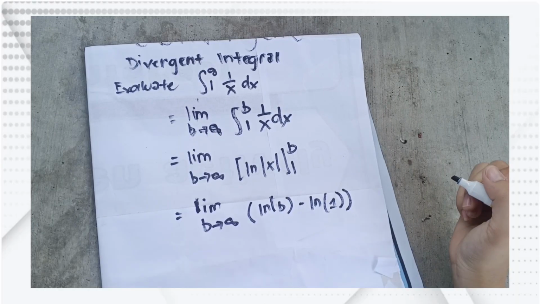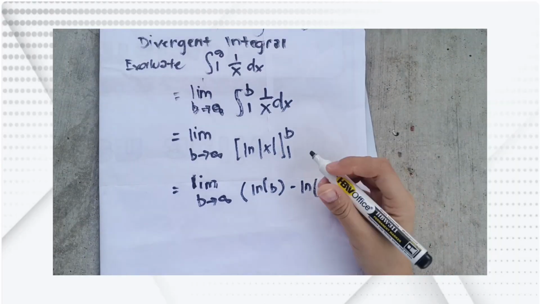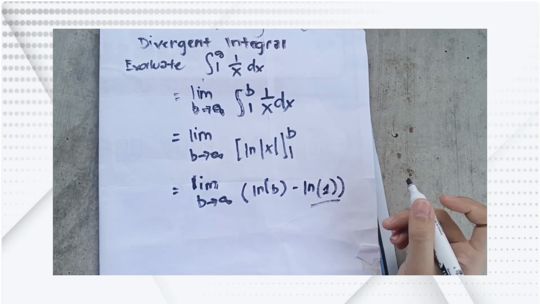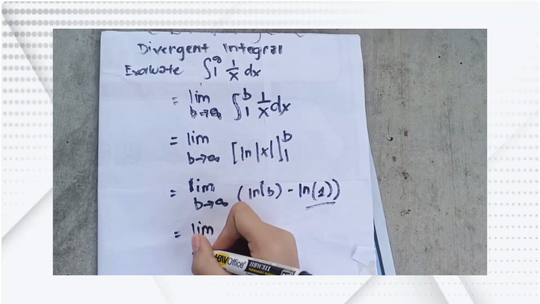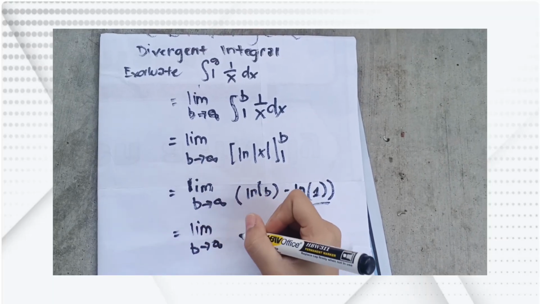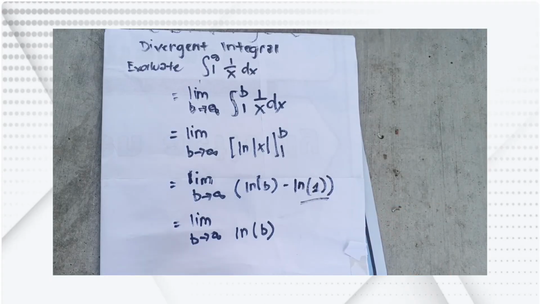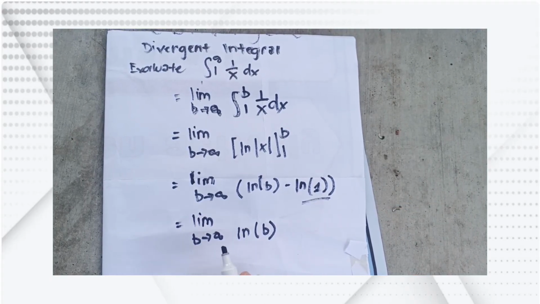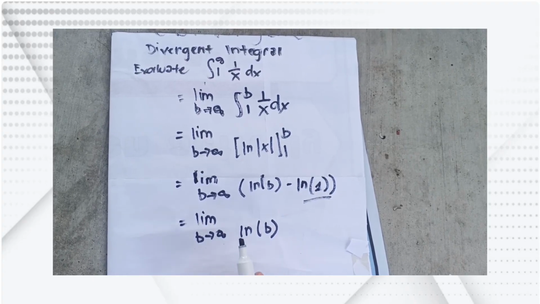And so our ln 1 becomes 0. And it will become the limit as b approaches infinity of ln b. And as b approaches infinity, it grows larger in an infinite process.